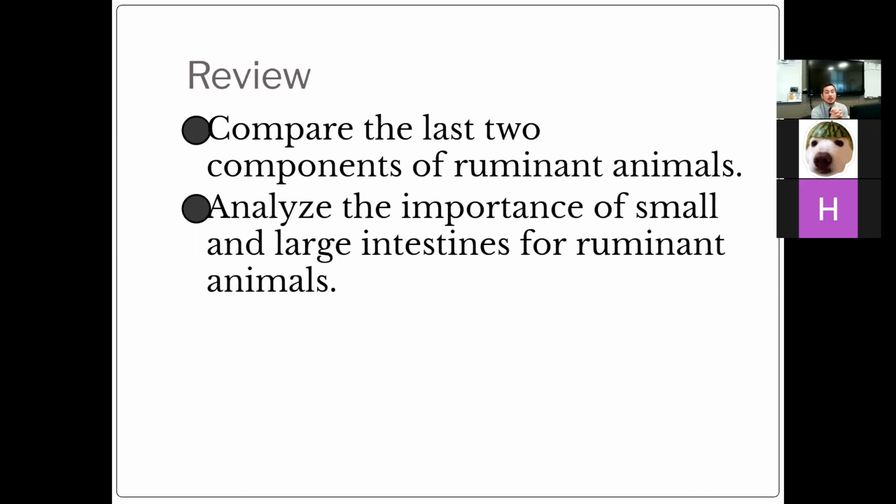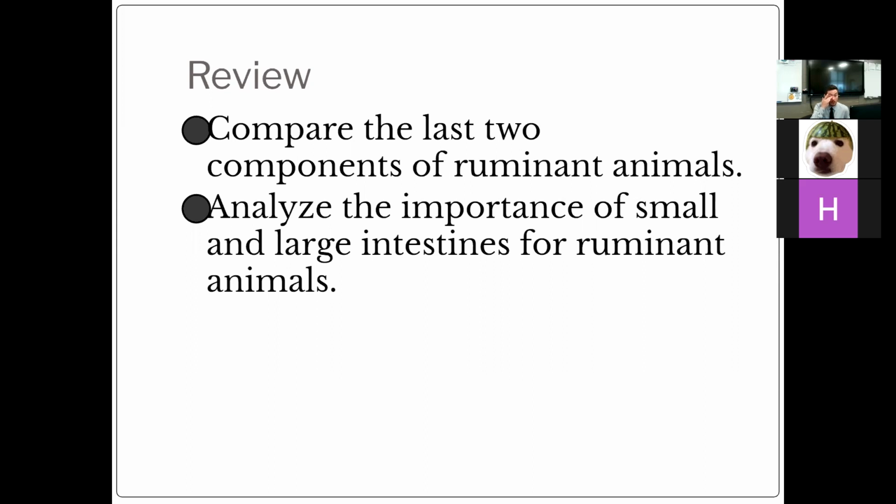We talked about how the omasum is the mechanical digestion part of our digestive system. After that food material is fermented in the rumen, the omasum is going to grind it, then it moves it to the true stomach, which is the abomasum, which can then break down that material with chemical digestion: the hydrochloric acid and pepsin, and there was one more that I don't remember.